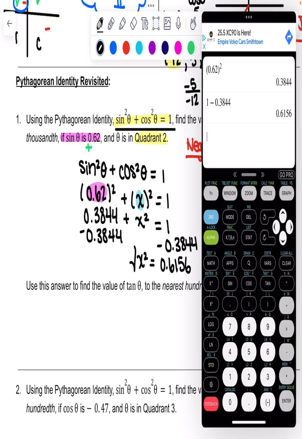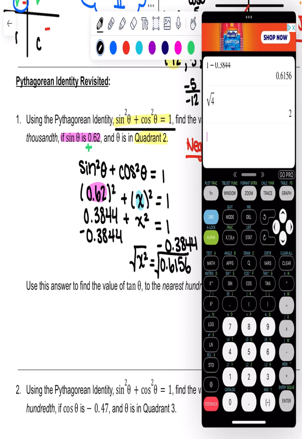And now we need to take the square root. When we take a square root, it has two answers. I know the calculator only spits out one, but there's a negative and a positive to that answer. So, say, let's take the square root of 4. We get 2, right?